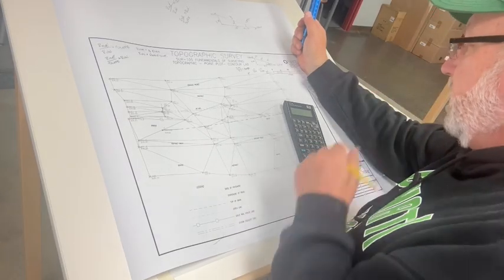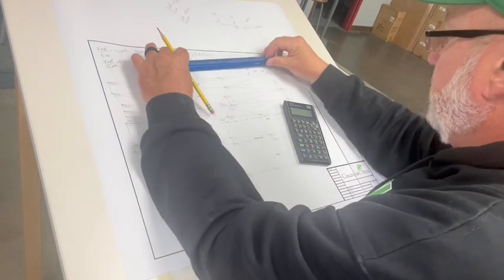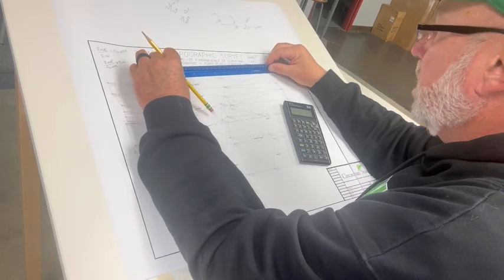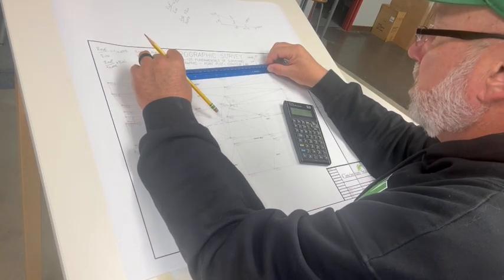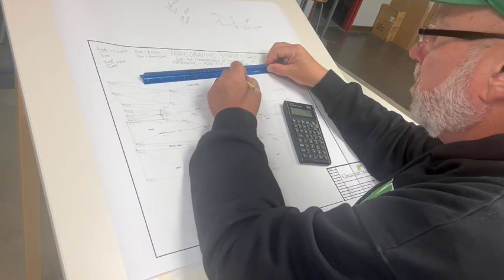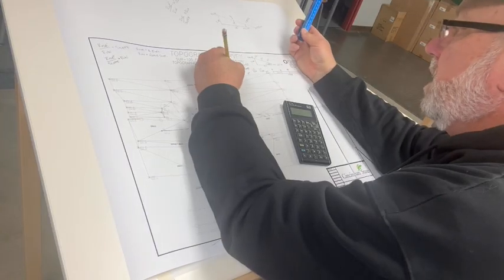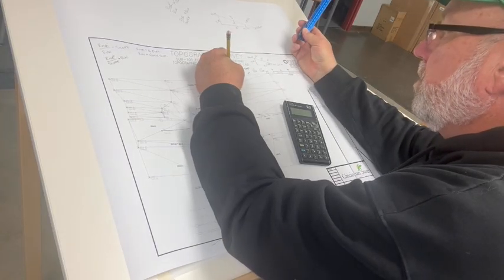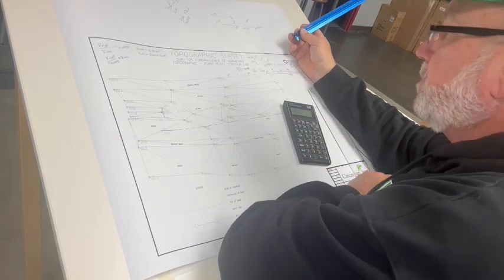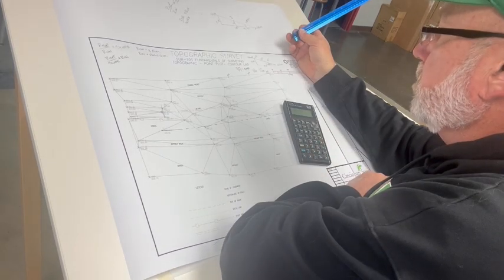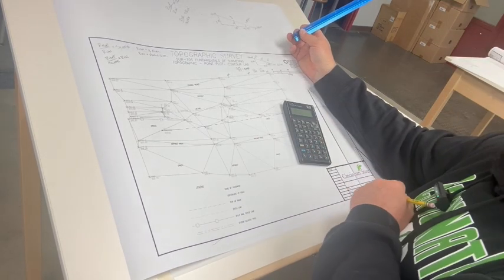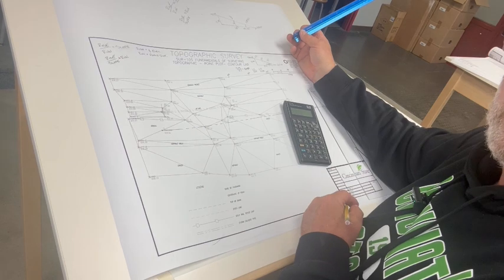Gives me a run of 47 feet. So I will go 45, 46, 47. Here's where my 928 contour will pass. And that is interpolating where the even contours fall between points.